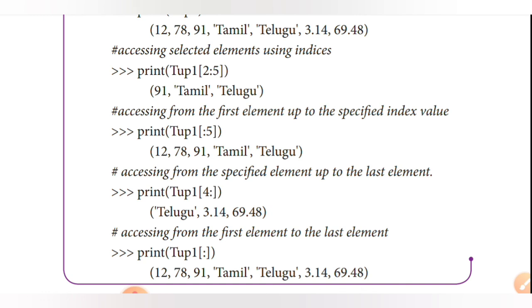Then it shows the whole tuple as output. See the output: all the elements present in the tuple are displayed, that is 12, 78, 91, Tamil, Telugu, 3.14, 69.48. These are the different ways you can access elements present in the tuple.